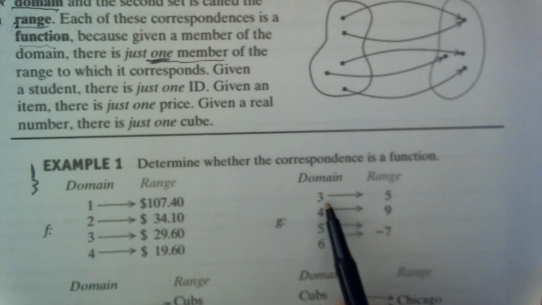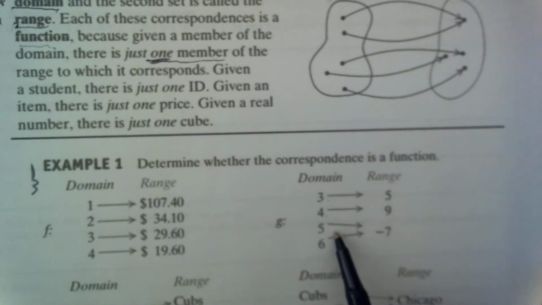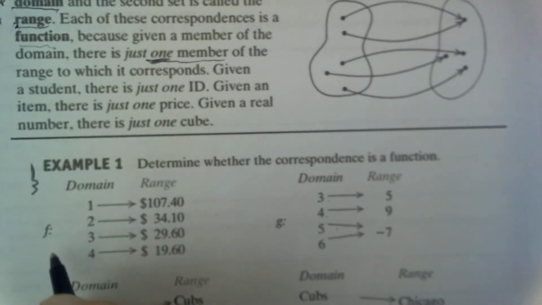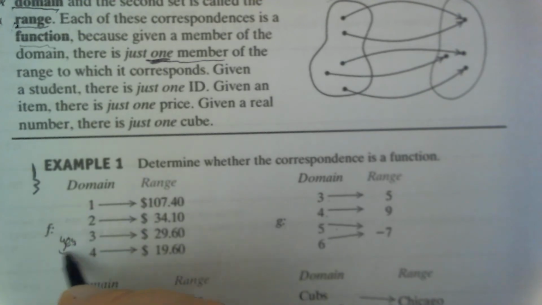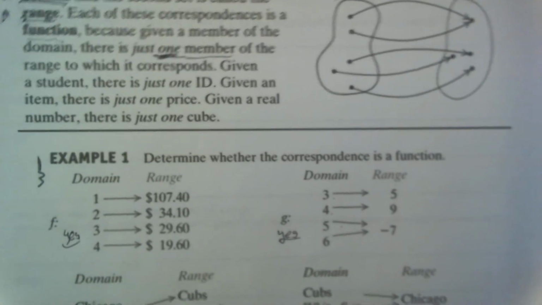The number 3 corresponds to the number 5 in the range. The number 4 corresponds to the number 9 in the range. The number 5 corresponds to -7, and 6 corresponds to -7. So that's a function as well. So this is a yes here, and it's a yes here also.